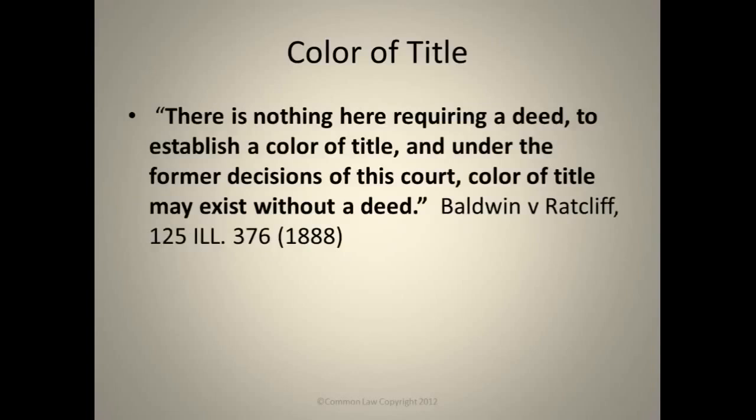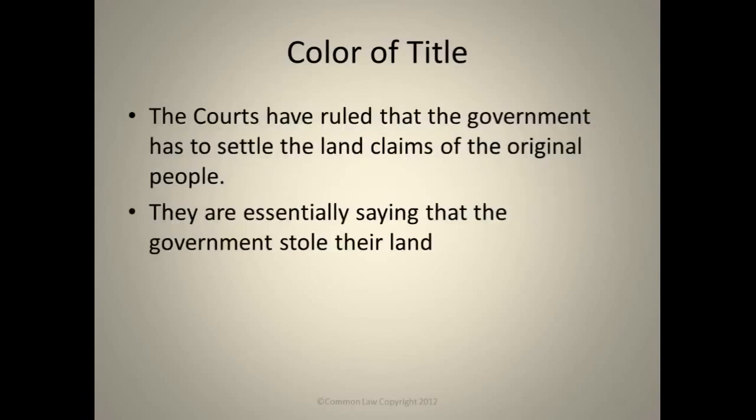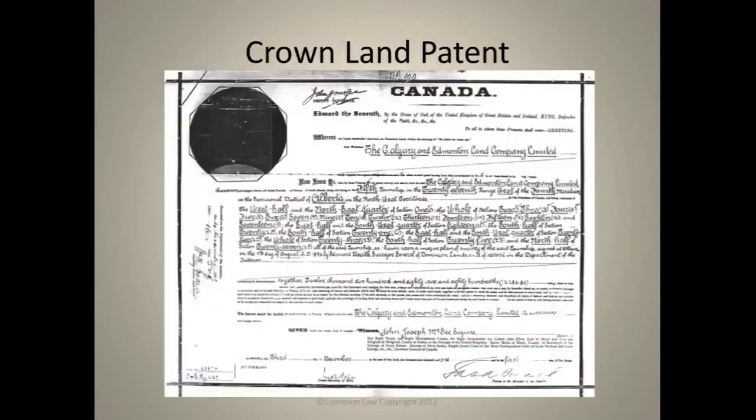There is nothing here requiring a deed to establish a color of title, and under the former decisions of this court, color of title may exist without a deed. You know, that's squatters' rights. Think about it. You sit on the land for 7 years, it's yours. The courts have ruled that the government has to settle all the land claims of the First Nations. They're essentially saying that the government stole their land.